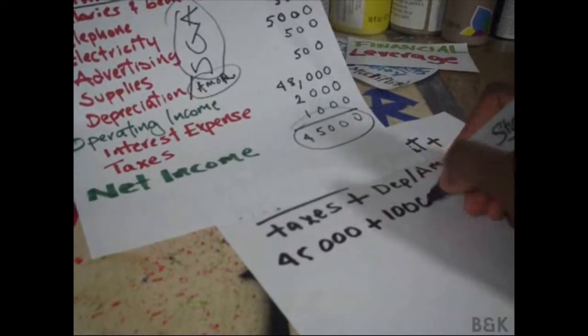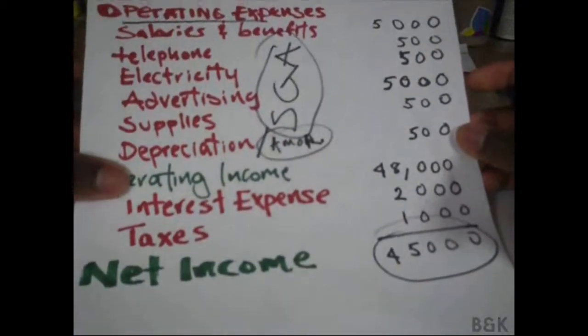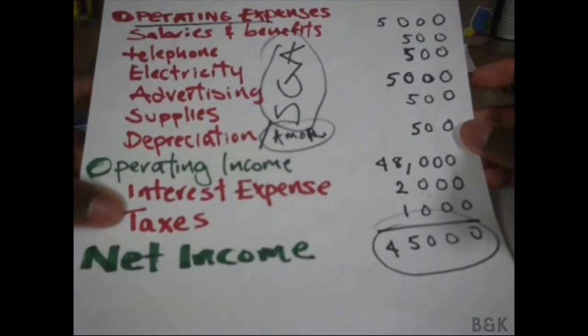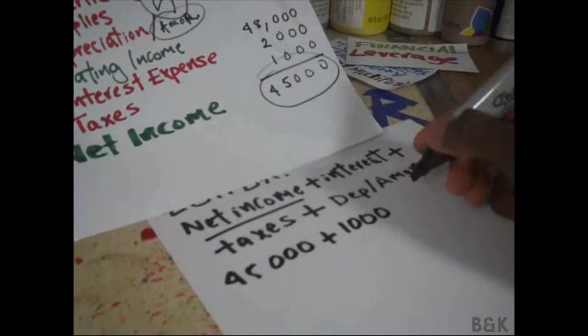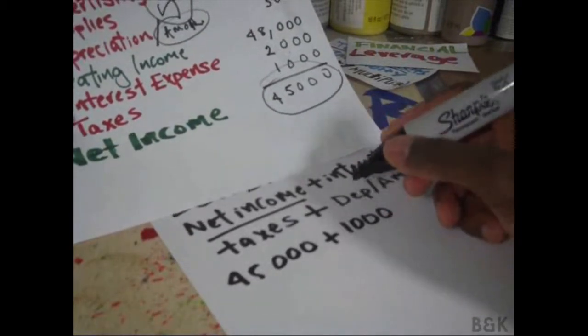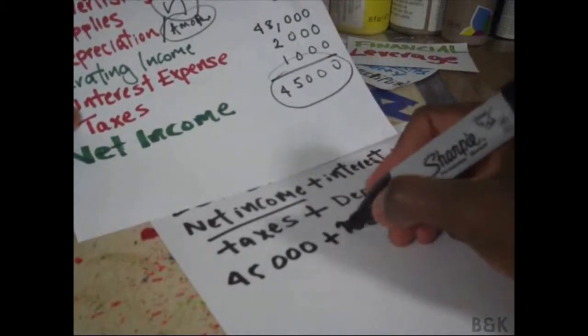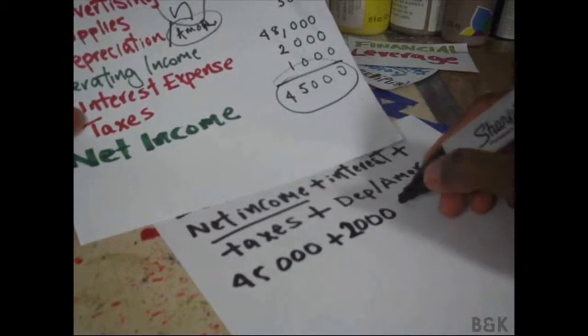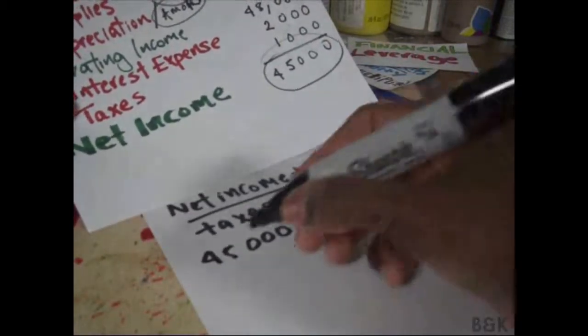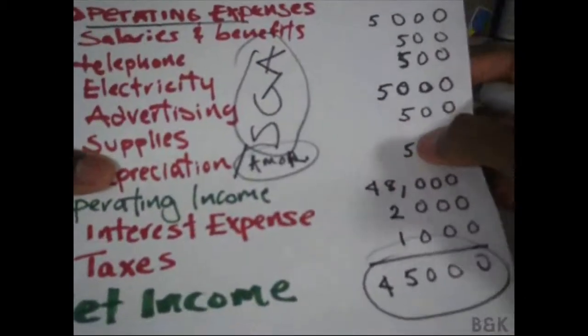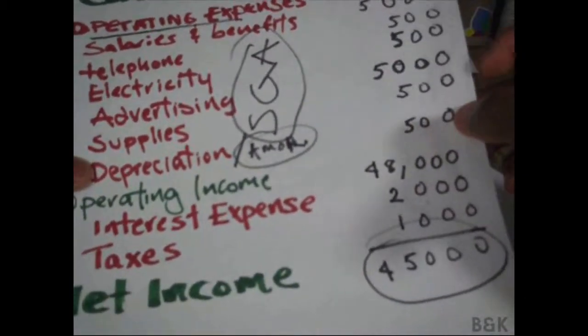So you believe me where I'm getting these numbers from. Interest expense, taxes. Taxes was 1,000, interest was 2,000. Do I have to actually keep it in order? Yes, let's keep it in order. So first we're adding 2,000, and then we're adding in the 1,000, just so we can be uniform here.